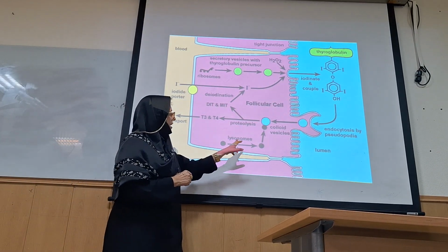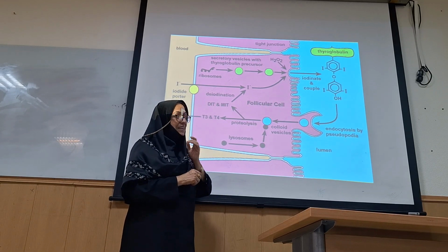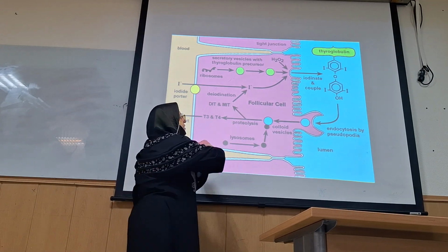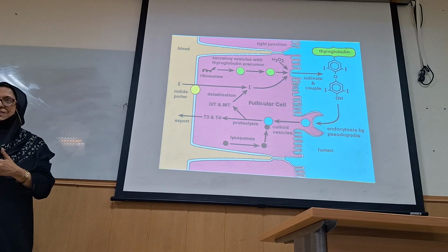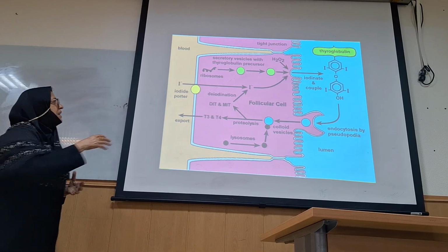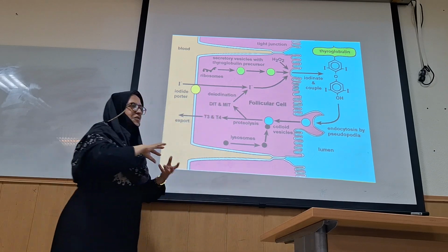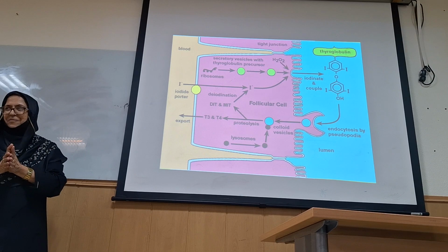Immediately, proteases in the lysosome activate and hydrolyze thyroglobulin. When thyroglobulin hydrolyzes, it converts to tyrosine and globulin. Tyrosine and globulin in the endoplasmic reticulum combine together again to form thyroglobulin.